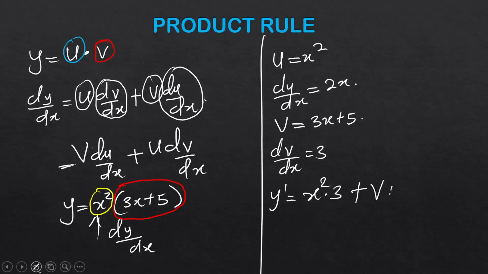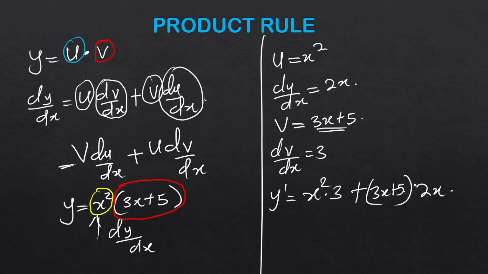Oh, sorry. When I said v, I am not saying the one letter. I'm saying the function, what v is called. So v was called 3x plus 5. So this is 3x plus 5. I will shield it in brackets since it's more than one thing. Multiply by du/dx. du/dx is the same thing as 2x.